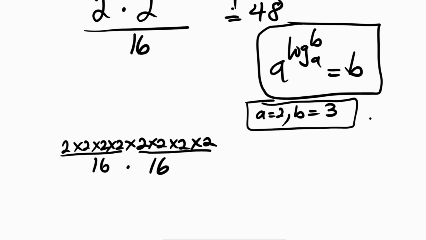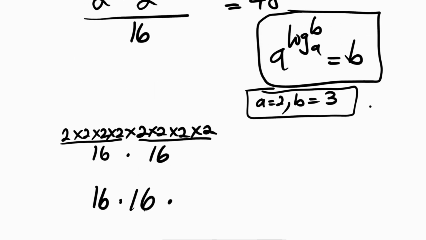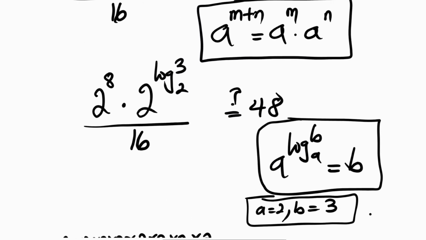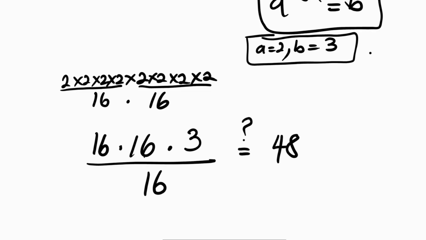So it's easy to just cancel out, right? So now what we have is 16 times 16, and then times, remember what we have here. This becomes 3, right? 3 divided by 16. Let's see if that's going to be equal to 48.